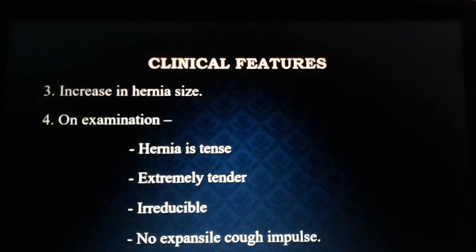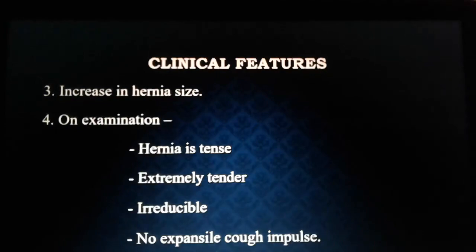If these patients are not operated early, the pain continues. Till what time will it continue? Till the peristaltic contractions stop, and the peristaltic contractions cease with the onset of ischemia, after the blood supply is affected.